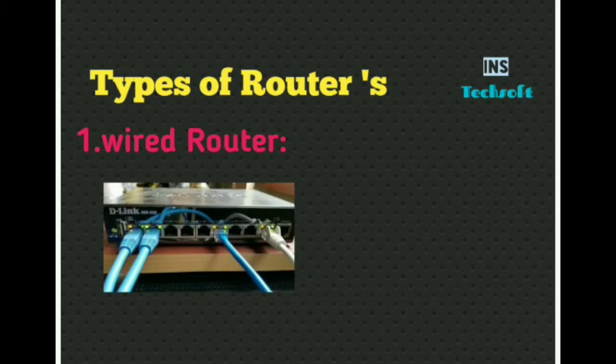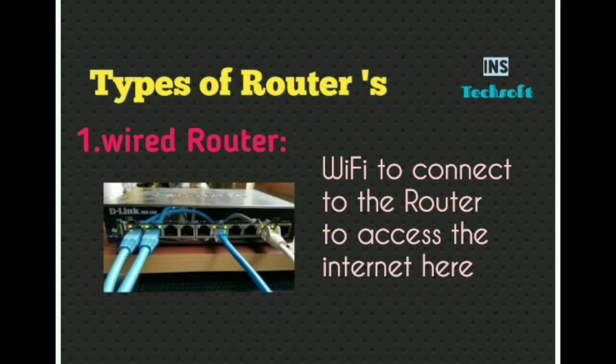If you want to connect computers or mobile phones, in wired routers we use a switch and Ethernet cable to connect laptops and computers, whereas in the wireless router we are using a wireless connection. So here Wi-Fi connects to the router to access the internet.